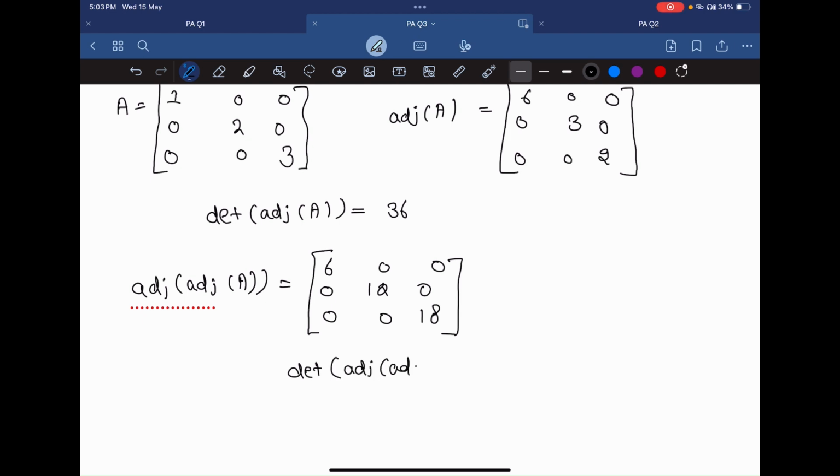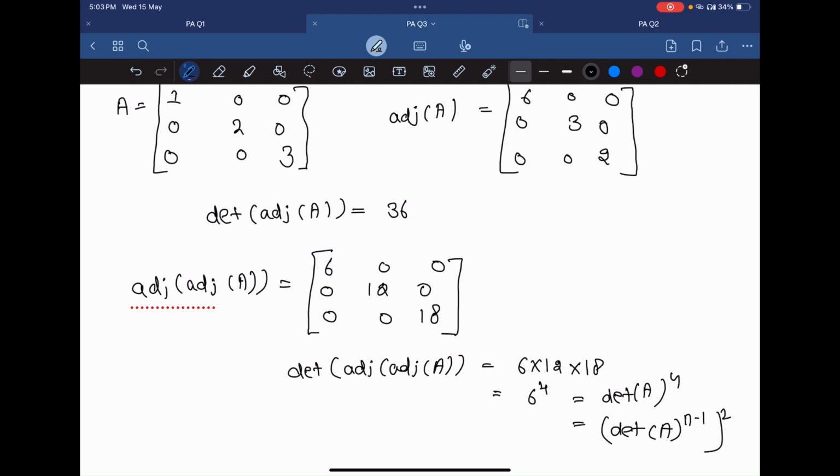Adjugate of A is 6 times 12 times 18, and that is equal to 6 power 4, and that is determinant of A power 4. And we can also write it as determinant of A power n minus 1 square.